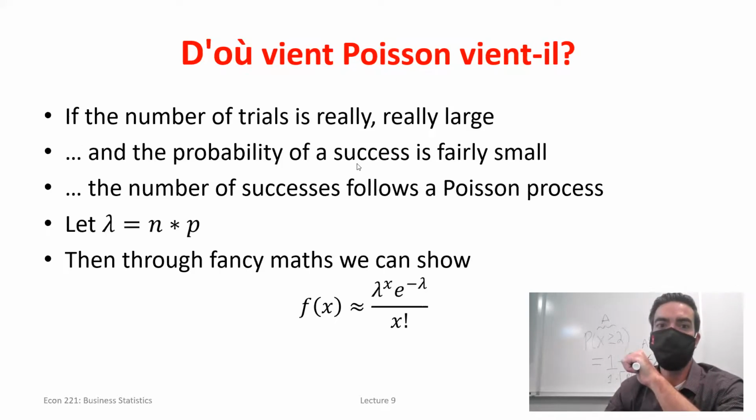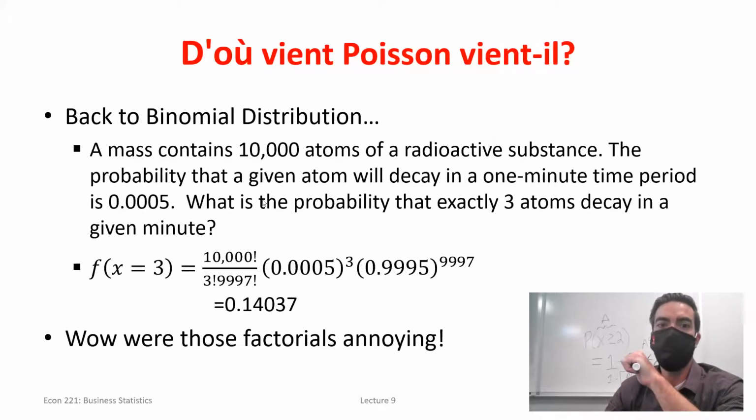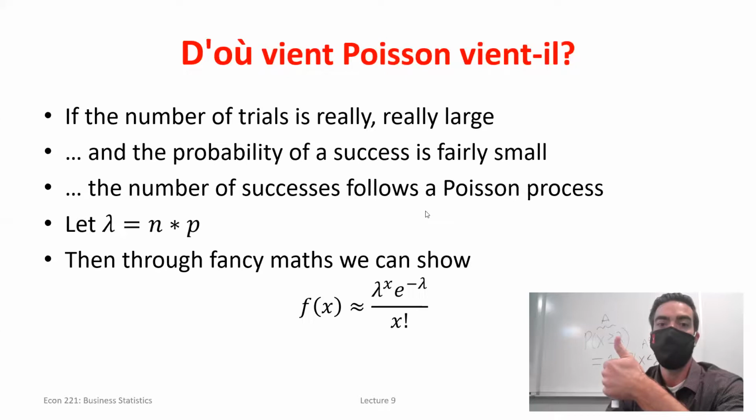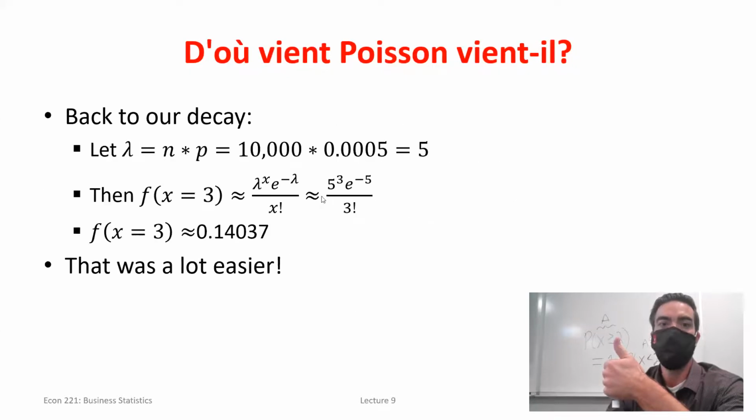Now I've got the probability of seeing exactly 3 atoms decay over the next minute, over a given time interval. I can use that lambda of 5. My x will be 3, and those are the only 2 things I need to find the probability using the Poisson equation. Lambda was 5, the x I was interested in is 3, finding the probability of x equal to 3.